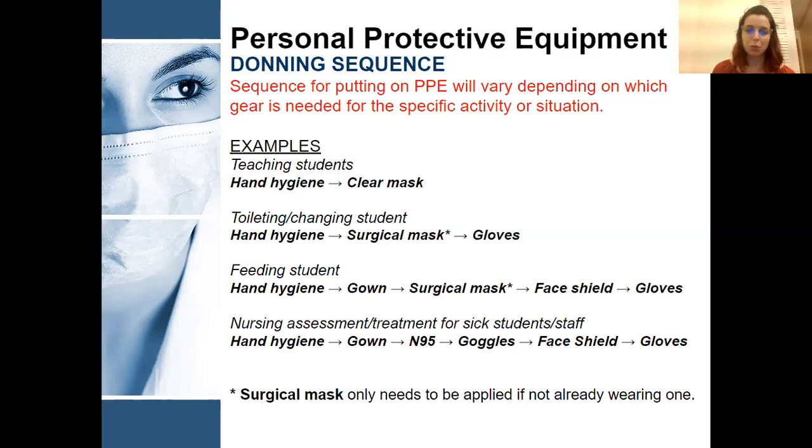For nursing assessment or treatment of sick students or staff members, you're going to want to engage in hand hygiene, don a gown, don the N95 respirator, don goggles, don a face shield if applicable, and don gloves. And just to note that the surgical mask only needs to be applied if you're not already wearing one.